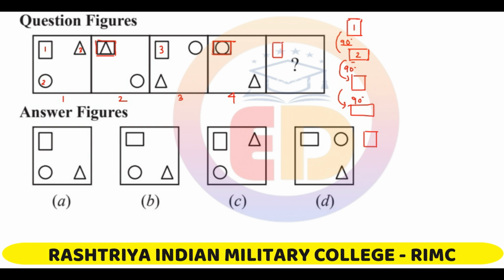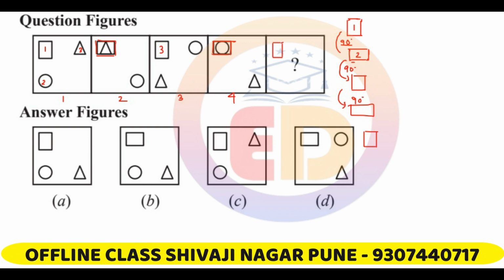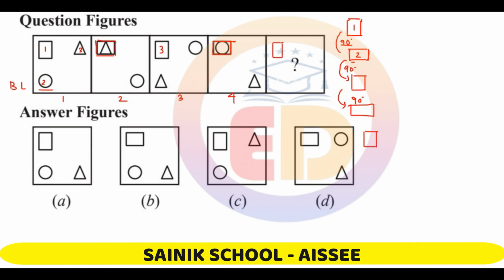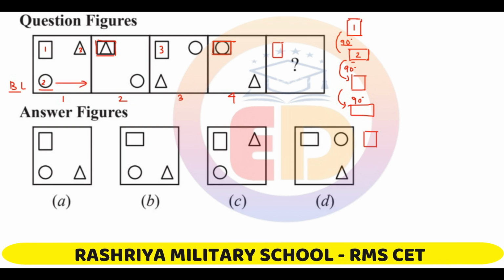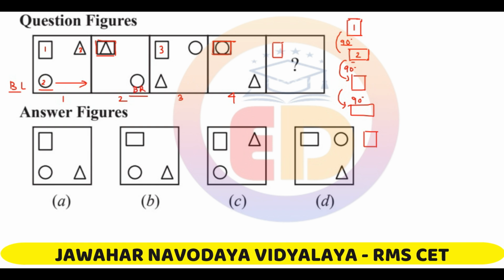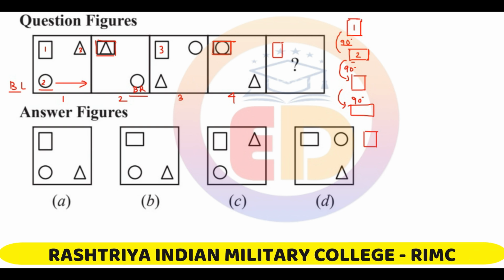Now let us move to the circle. In the first shape, the circle is present on bottom left. In the second shape, the circle moves from bottom left to bottom right. In the third shape, it moves from bottom right to top right.